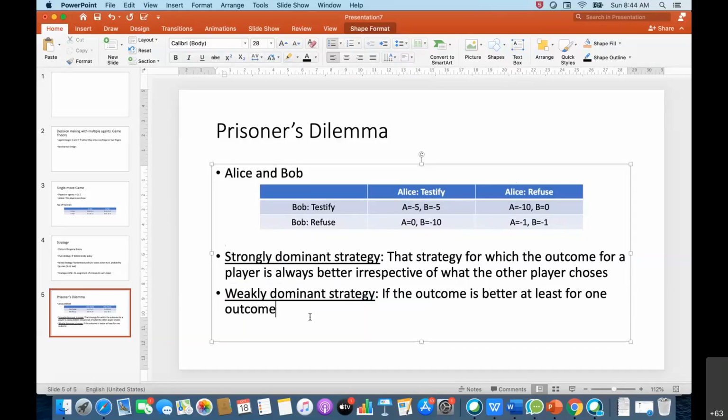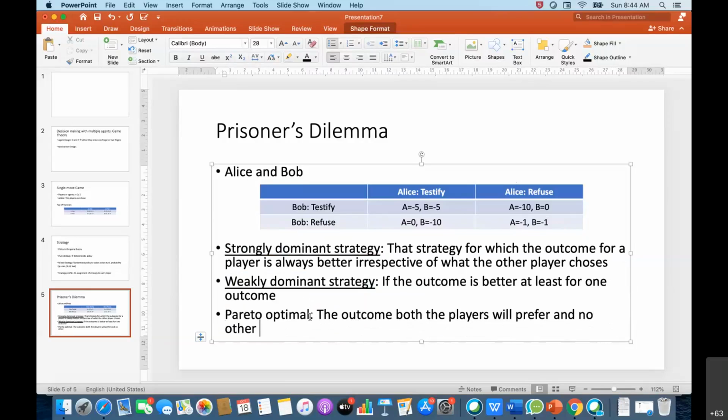Okay, so this is called Pareto optimum. That is the outcome both players will prefer and no other such outcome will be.